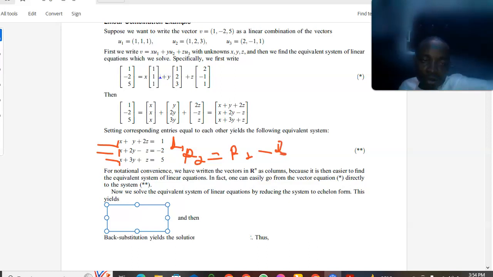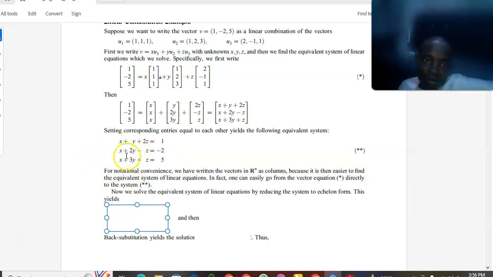So row 1 remains x plus y plus 2z equals 1. For the next one, subtracting, x minus x will be 0, 2y minus y will be y.